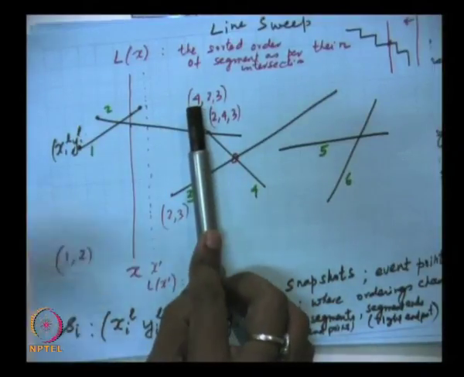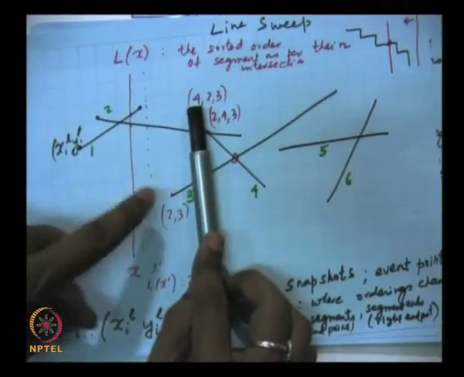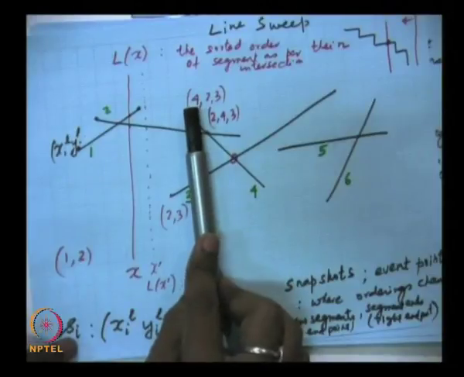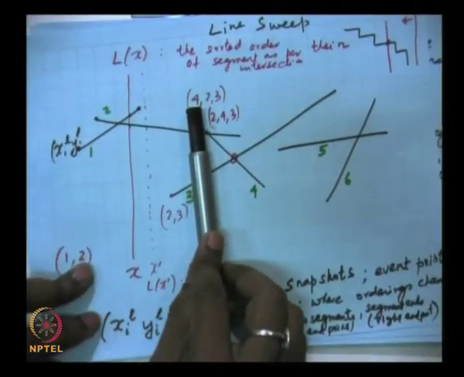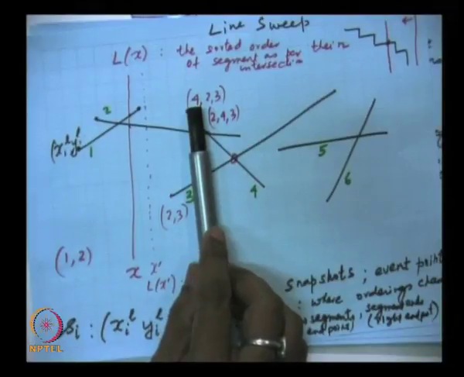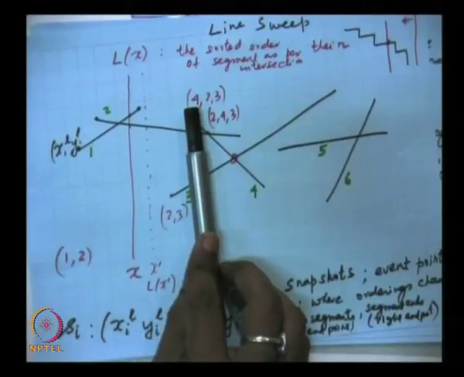Okay, 4 has become adjacent to 2. So, I must check for the intersection between 4 and 2, and actually they do intersect. The moment it intersects, I discover that intersection point and I actually insert it into my event queue, because I know that there is an intersection and that is an event point, and therefore, I will record that event point. Okay. So, after I record that event point, it may have happened much later.